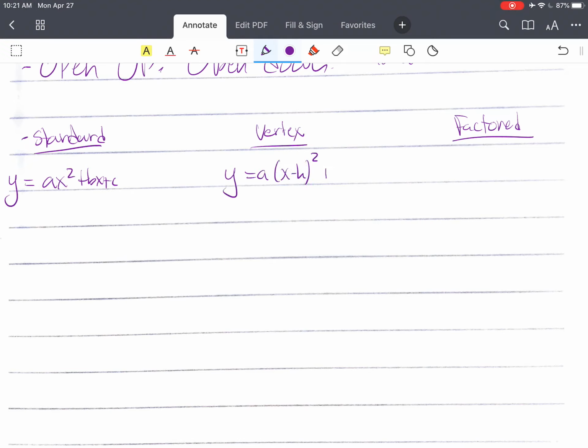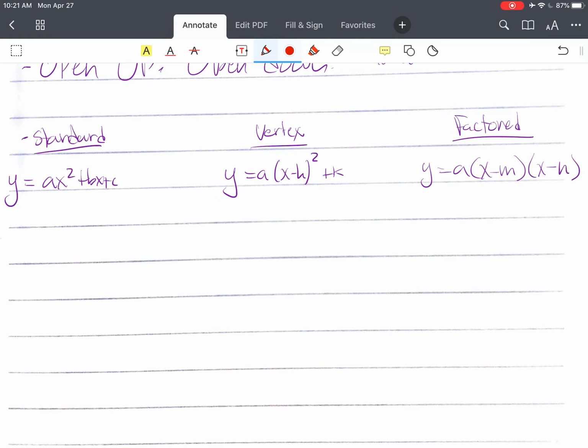That's a quadratic in standard form. y equals a times (x minus h) squared plus k. That's vertex form. And something that looks like factored form is y equals a times (x minus m) times (x minus n). And we're going to talk about what each of these letters represent.